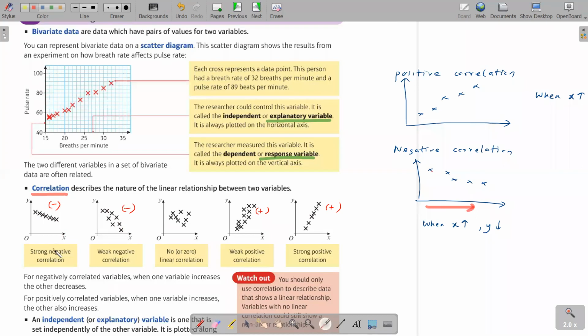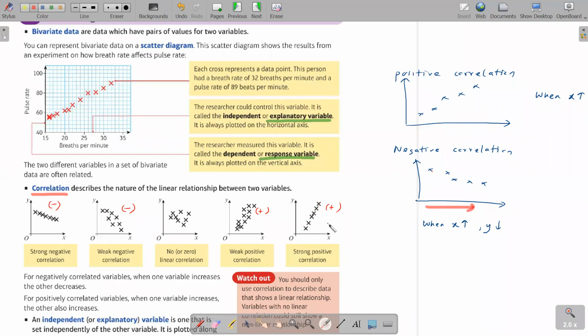So the more points you can get on the line, the stronger the correlation, right? So here, it's a weak negative correlation, and that's how they use those words. Even for the positive, we can say the same thing. Over here, the points are more dispersed, and over here, the points are more fitted towards a straight line. When the points are more fitted towards a straight line, that's a strong correlation.